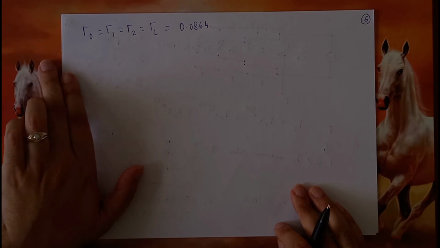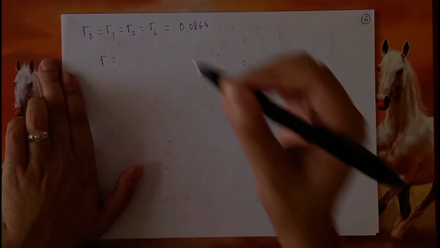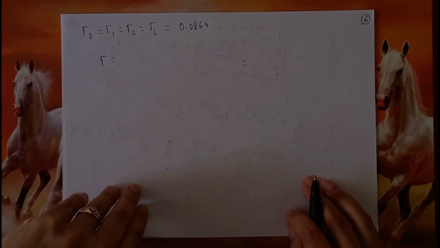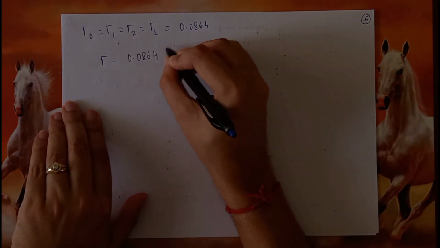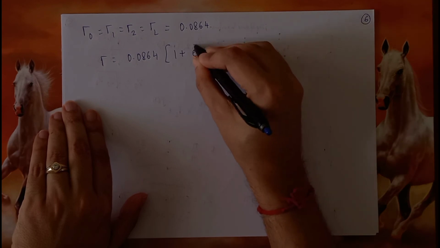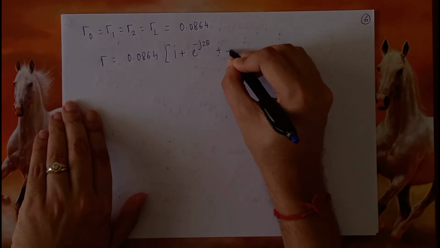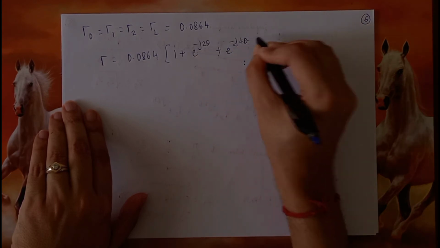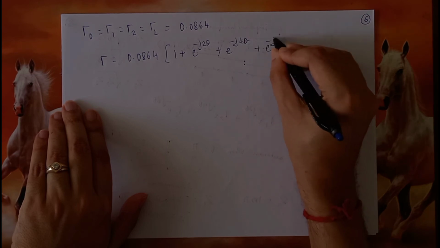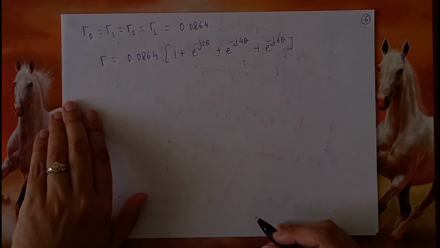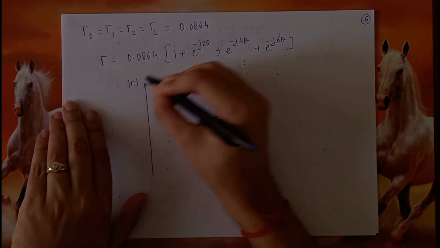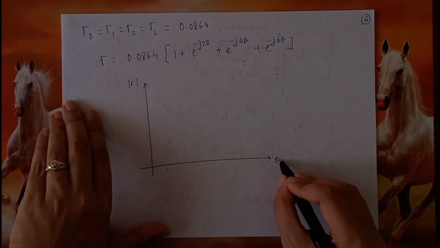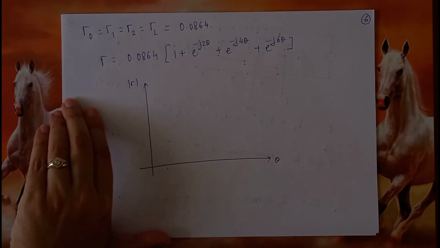So therefore, we can see that gamma using the previous expression would reduce to something like this. And again, if you plot mod gamma versus theta, you will see three minimas, as I was mentioning.